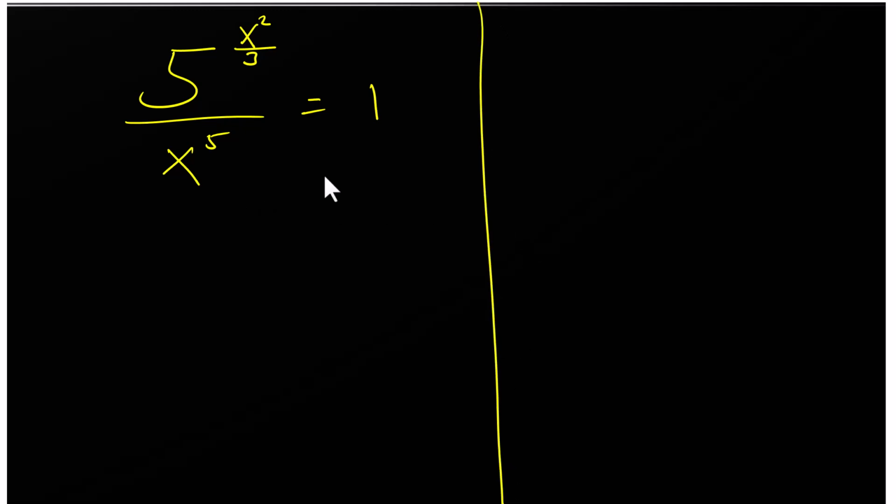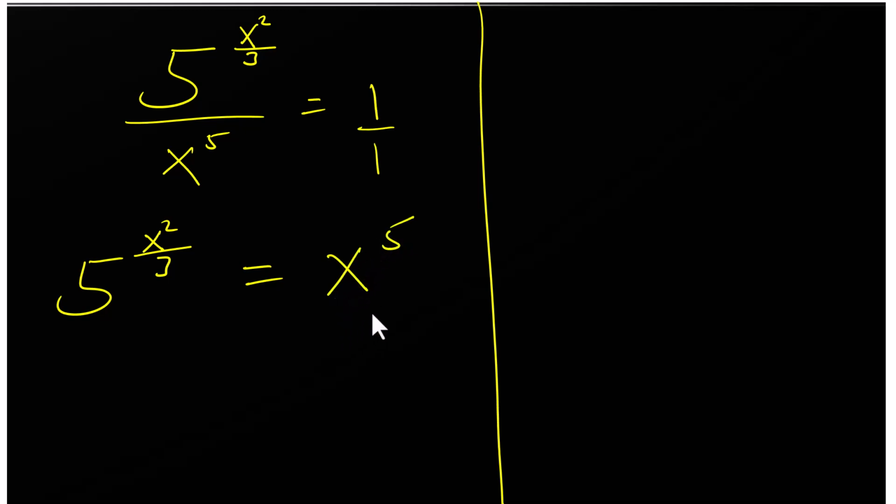Now from here we can make this side over 1 and do cross multiplication. 1 times this is 5 to the power x squared on 3 equals to x to the power 5 times 1, which is x to the power 5.